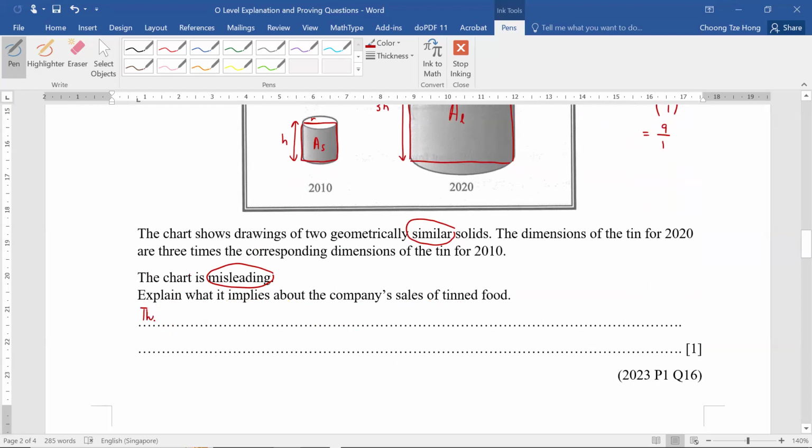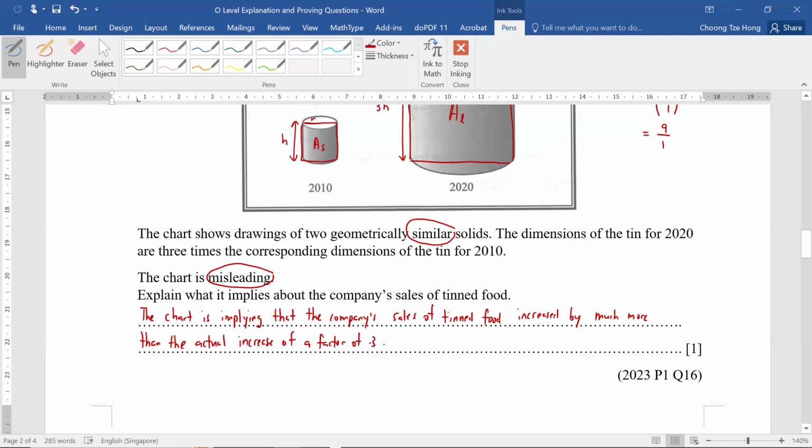What we can say is that the chart is implying that the company's sales of tin food increased by much more than the actual increase of a factor of 3.